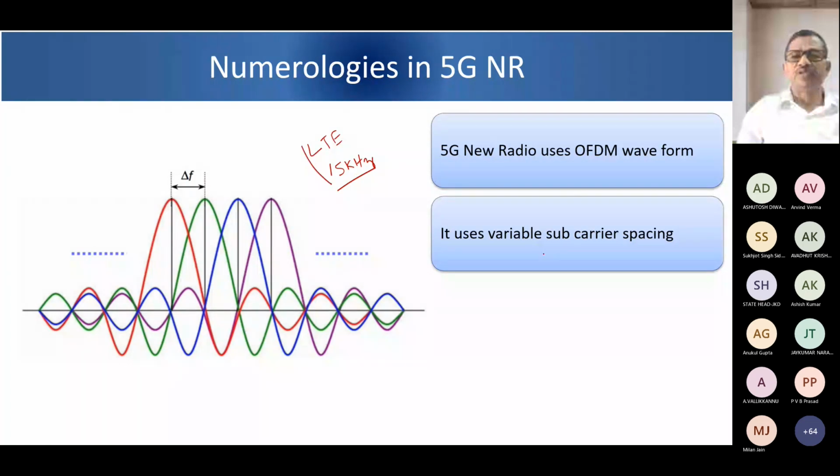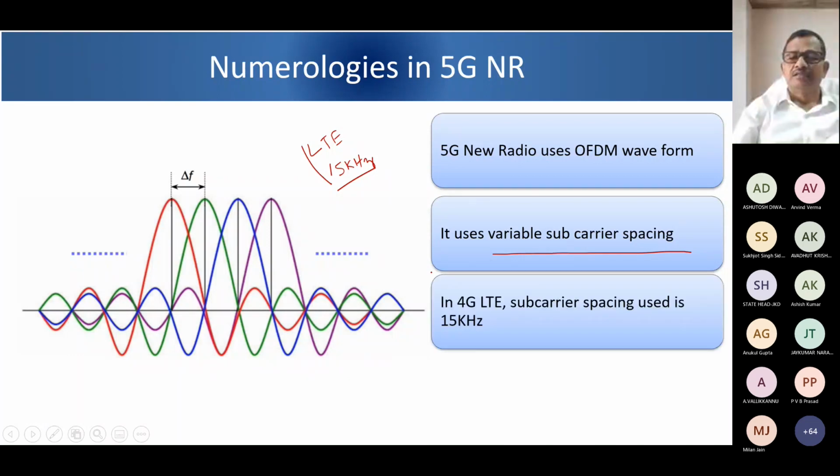But in 5G, it is variable. We can decide depending upon the requirement or use case what kind of subcarrier spacing we'll be using. It is not fixed like LTE.